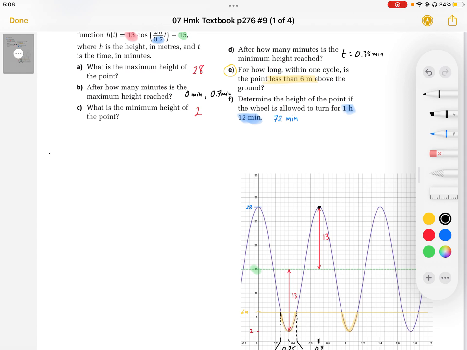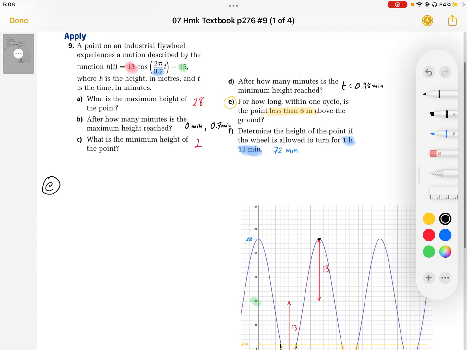So for part E, we're going to set up an equation and make the height equal to 6. So 6 is equal to 13 cosine of 2 pi over 0.7 t plus 15.